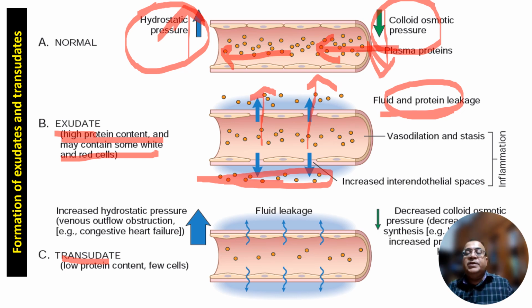As compared to this, there is increased hydrostatic pressure and decreased colloid osmotic pressure. There is no damage to the endothelium, but there is fluid leakage outside toward the interstitial tissue or extracellular space.